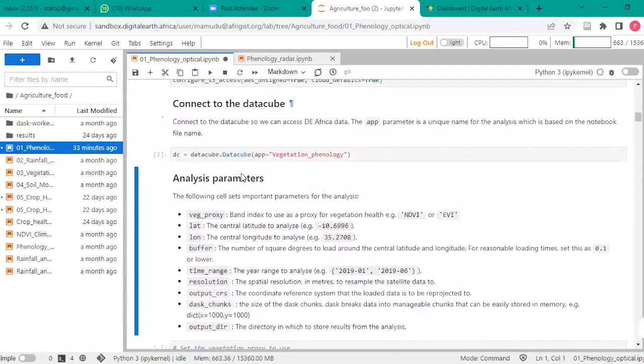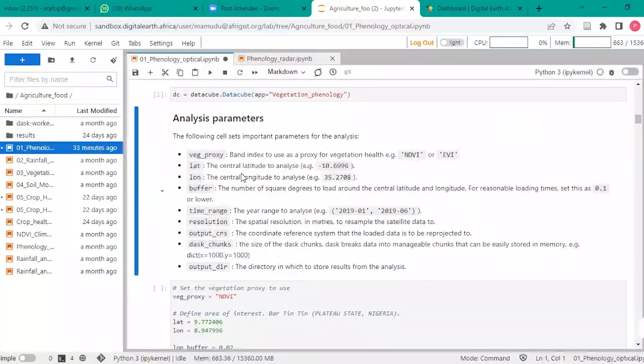Now, the next thing we are going to do is to determine our analysis parameters. We'll first of all determine the vegetation proxy we are using, which in this case is NDVI. We can also make use of the Enhanced Vegetation Index, so we could use NDVI or EVI for this notebook. We are using the NDVI.